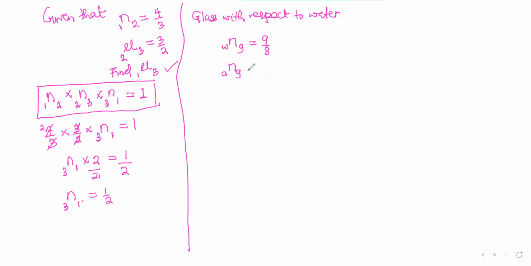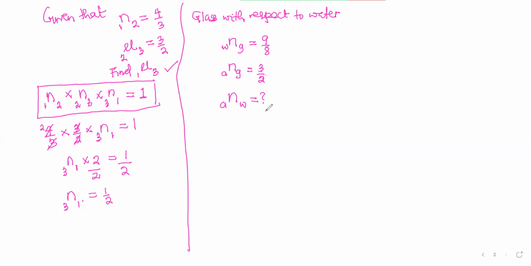So this is the absolute refractive index of glass, which is 3/2. It means that this one is the relative refractive index of water and glass. And this is the absolute refractive index of glass because the light is from air. And then we are asked to find the refractive index of water with respect to air. So we are to find the absolute refractive index of water.